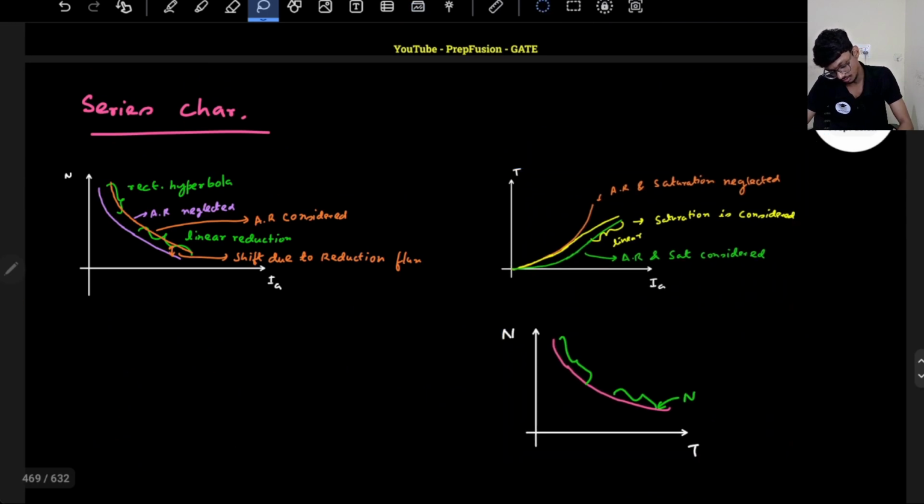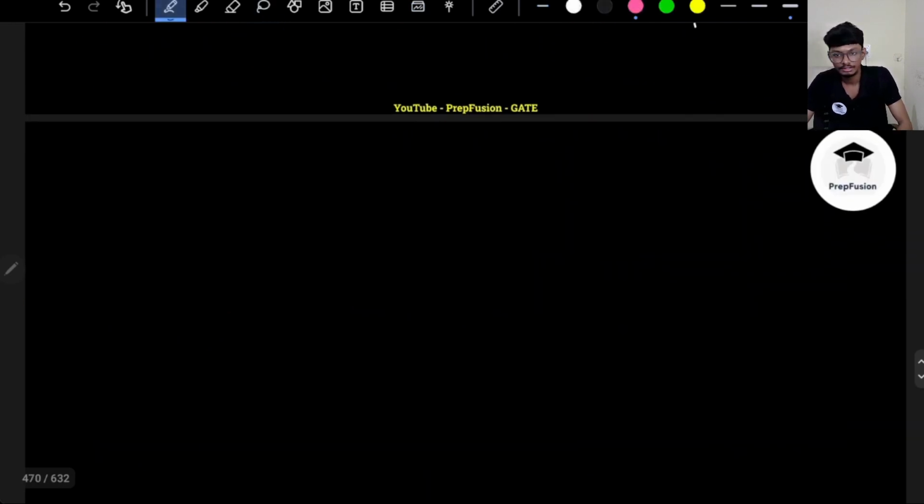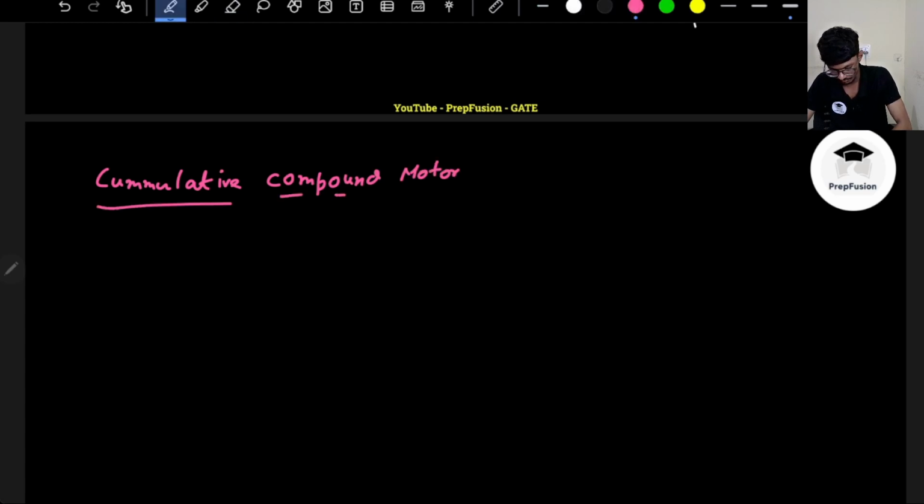So let's do for a cumulative compound motor, right? In case of cumulative compound motor, ultimately what is the flux equation?